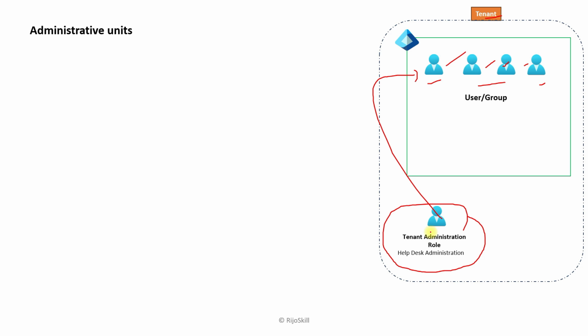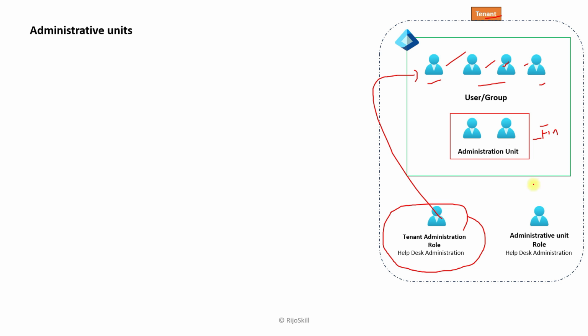As an example, you have a finance team, and a member of the finance team needs to reset a password. So what you need to do is create one administrative unit for the finance team, then assign one user to the administrative unit role Help Desk Administrator.